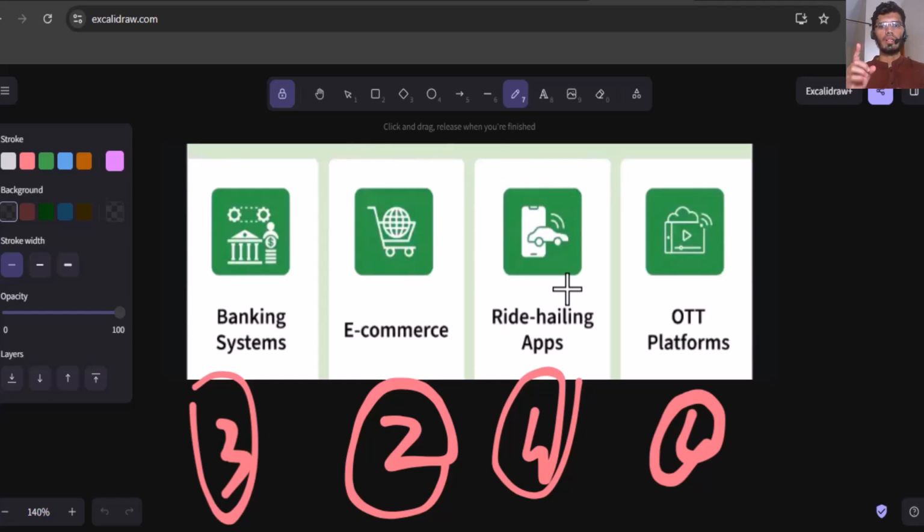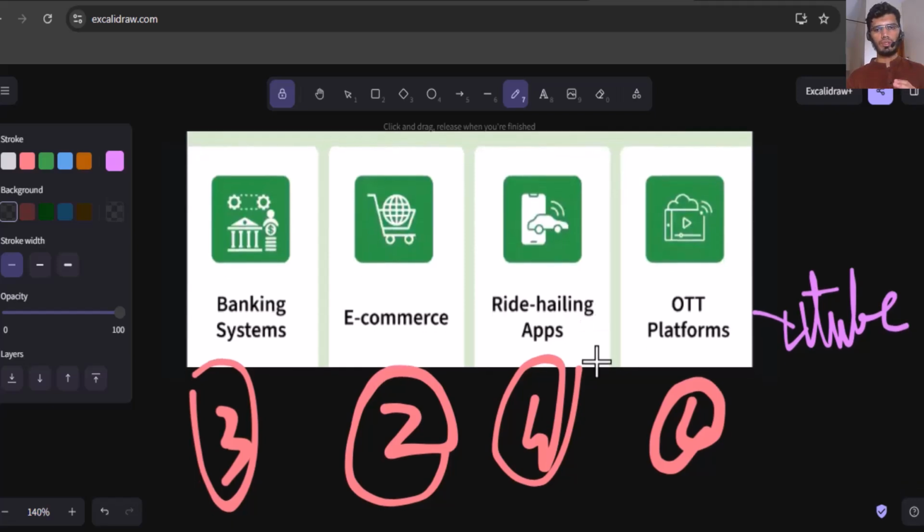But remember that these platforms like YouTube, Uber, Amazon e-commerce application and banks, they did not come to the microservices architecture in a single day or from the beginning. No, first of all they started as a monolithic architecture. Then once their users started growing from millions to billions, they proceeded towards the microservices architecture.